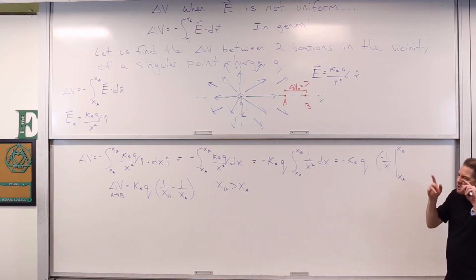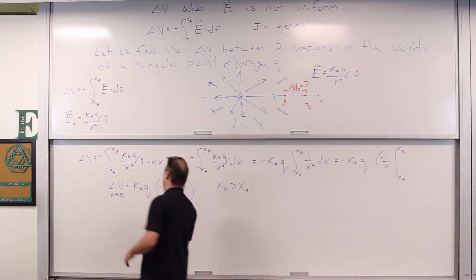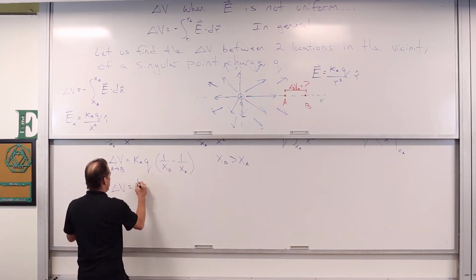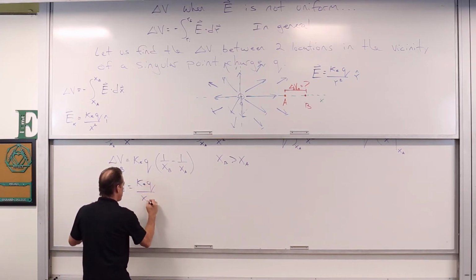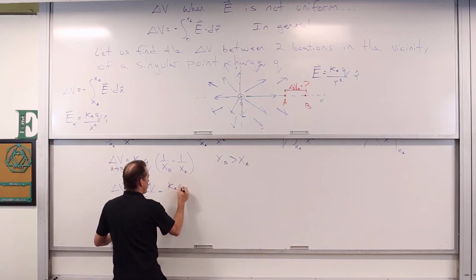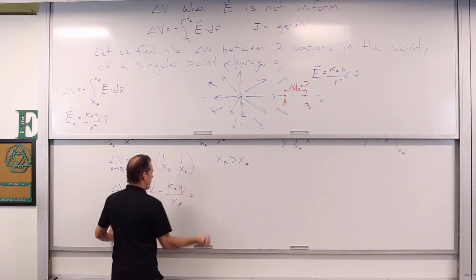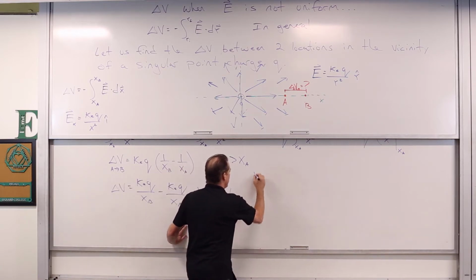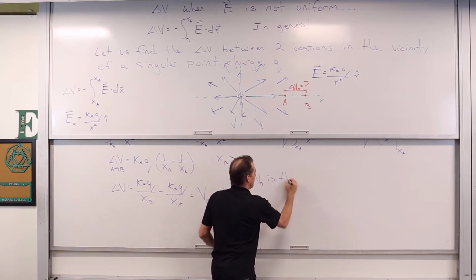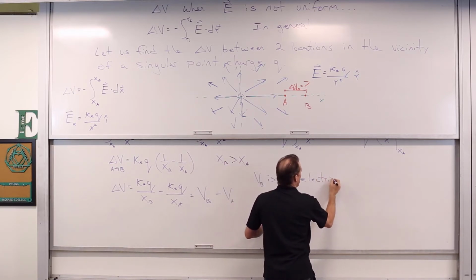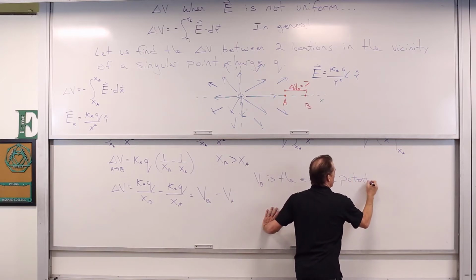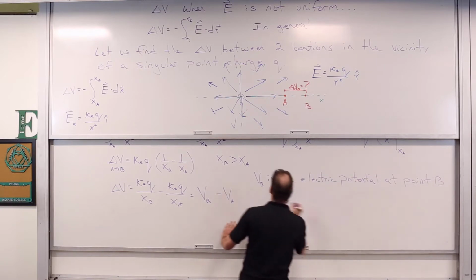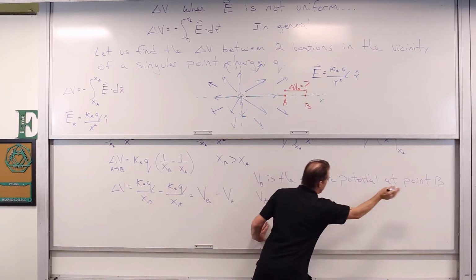So under those limitations, we can say that delta V is equal to k sub E q over x sub B minus k sub E q over x sub A, which is equal to V sub B minus V sub A. V sub B is the electric potential at point B, and V sub A is the electric potential at point A.